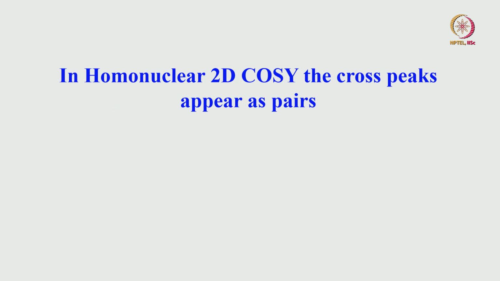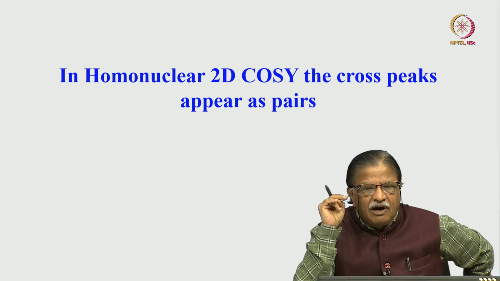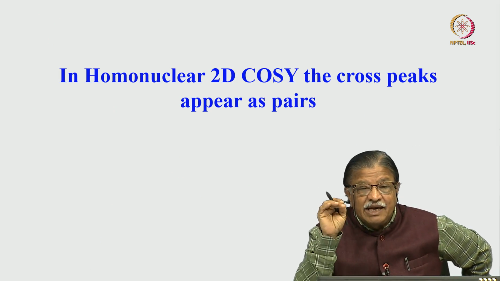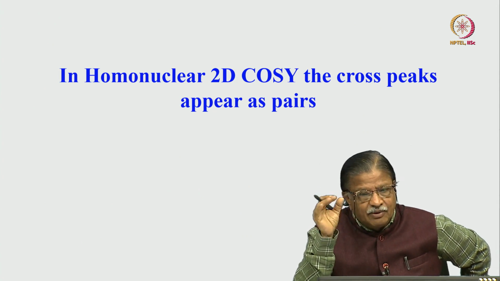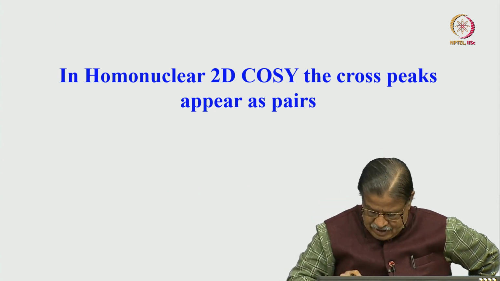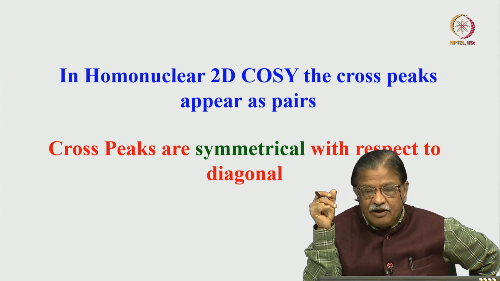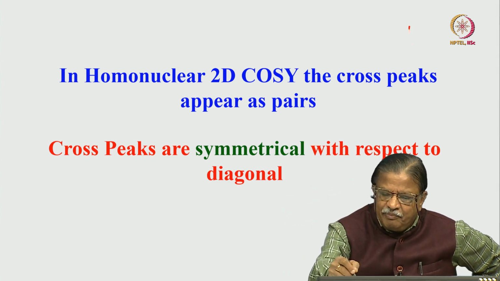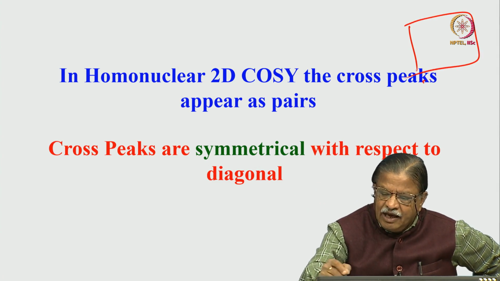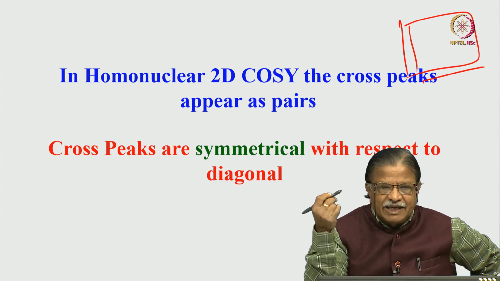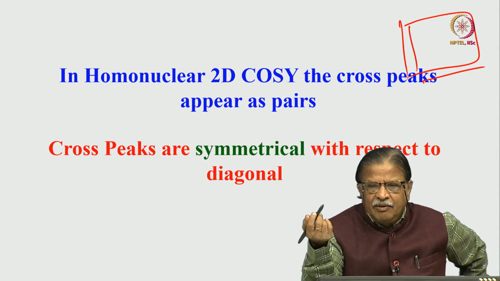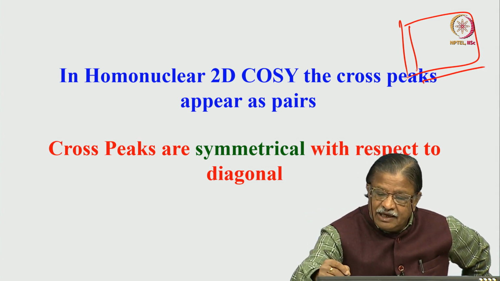So in homonuclear 2D COSY, the cross peaks always appear as pairs, and they are symmetric with respect to the diagonal. Logically it is true. In the homonuclear case the chemical shifts in both dimensions are identical, because we are considering the same nuclei in both dimensions, and this is the diagonal.